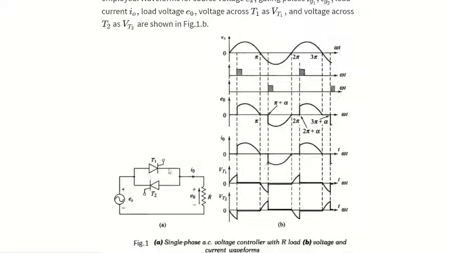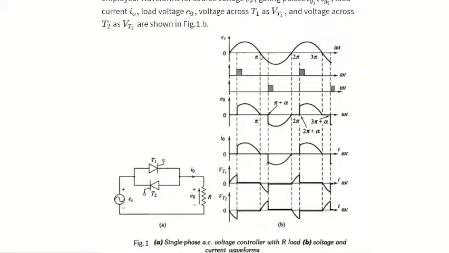So it starts conducting. When it is conducting, you know the voltage across the thyristor will be minimum. Assume it as 1 volt; it is shown as 1 volt here.